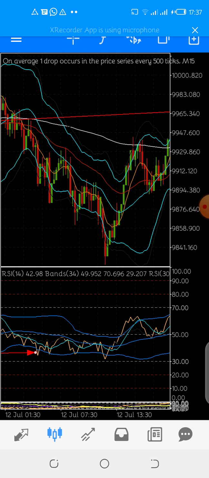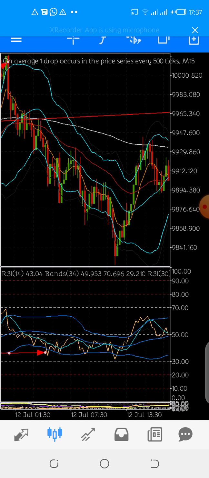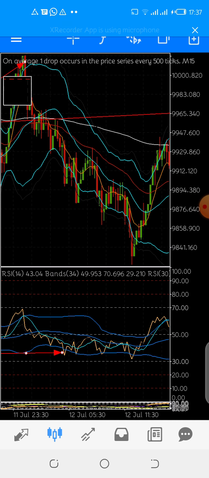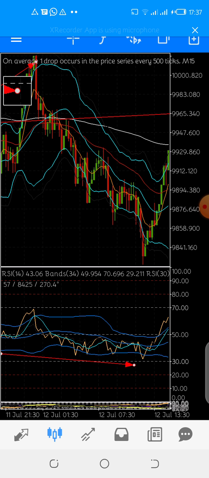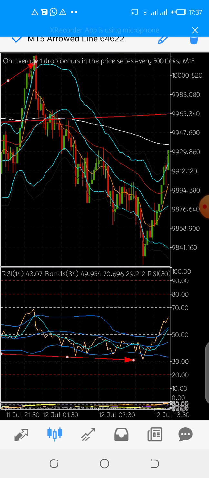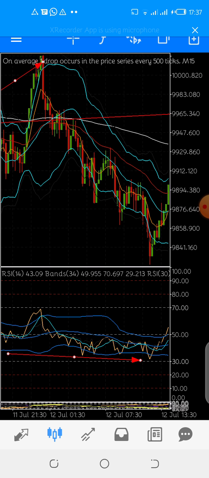If you also wish to do some scalping, or you buy crashes, check this. Let me bring this arrow. Do you see this arrow where it's pointing now?